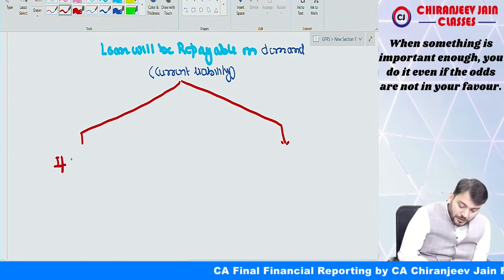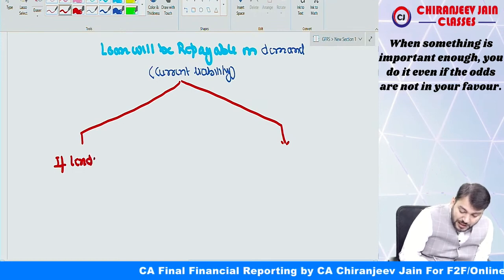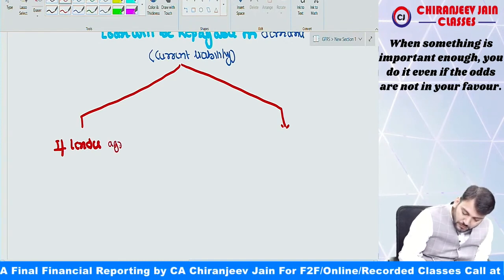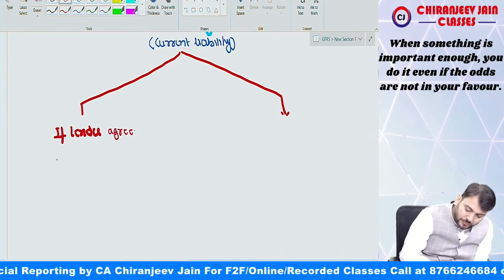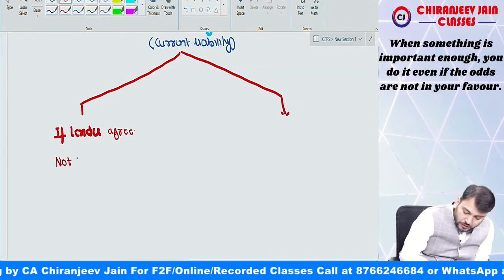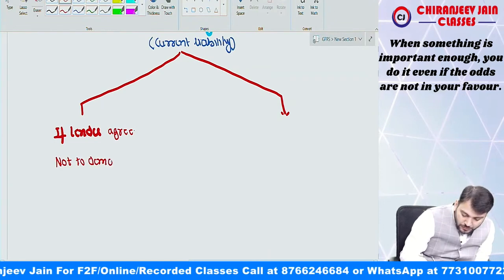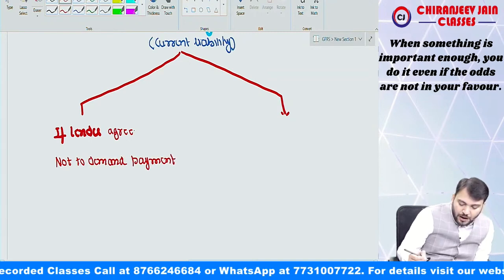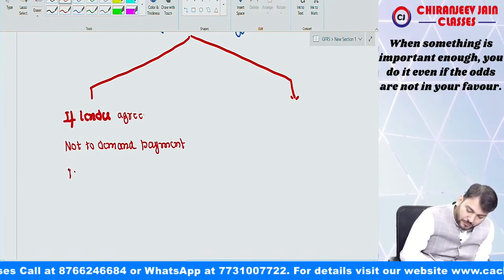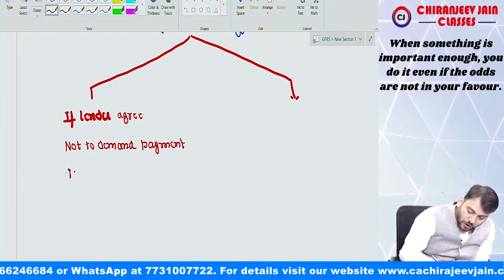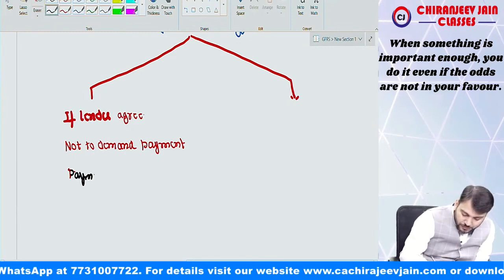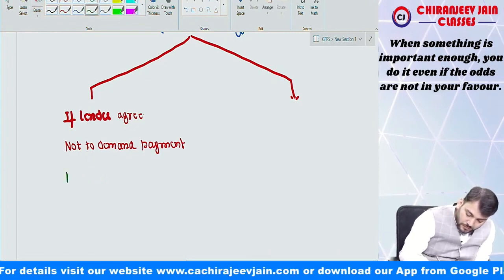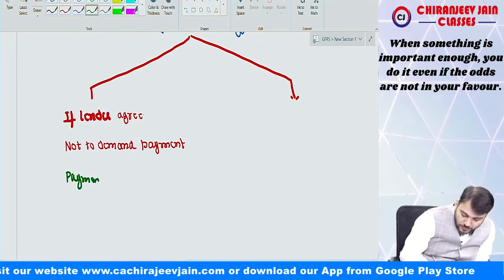If the lender, means the financier, agrees not to demand payment. I hope you are understanding.